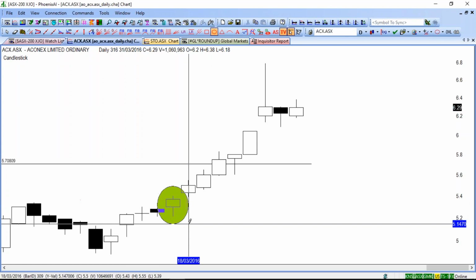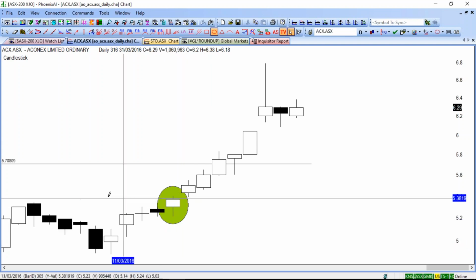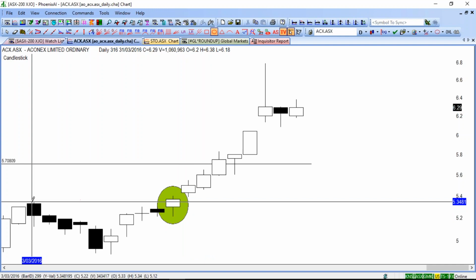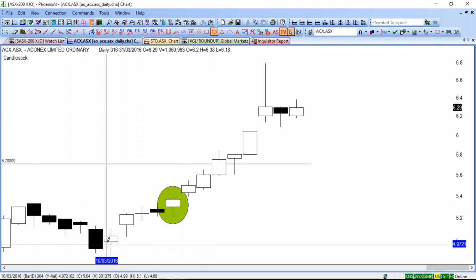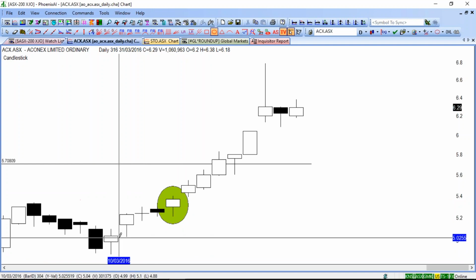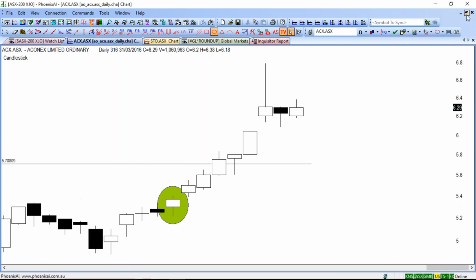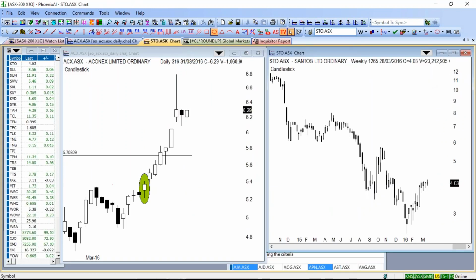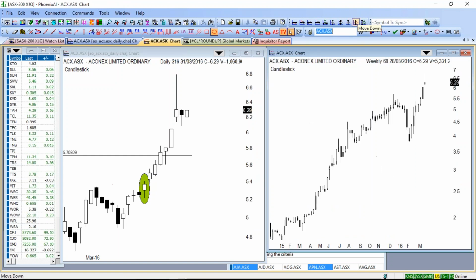This breakout area right here, where it popped its head above this past resistance point back there, came up on the 60-day scan. It has a higher low in here. It is inside a primary uptrend. I'll show you what it looks like here. It is part of a primary uptrend.